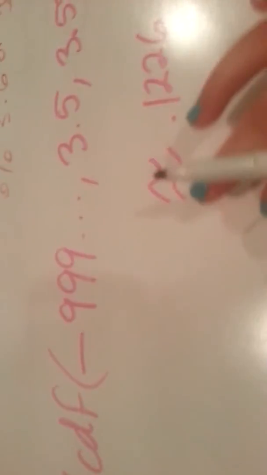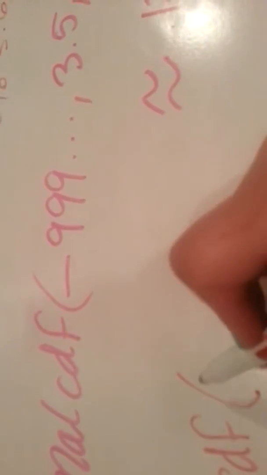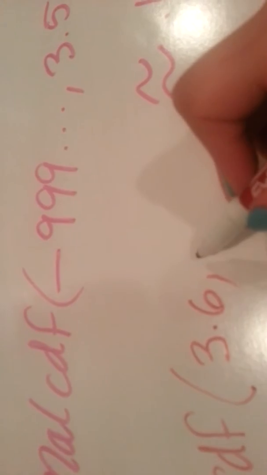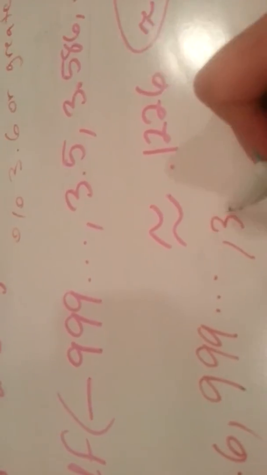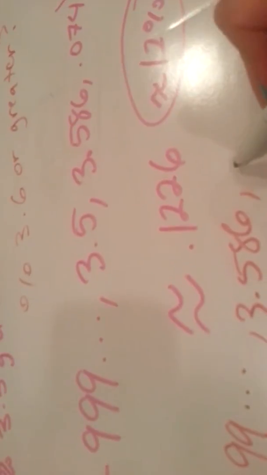And so instead of the -9, you would have normal CDF, the 3.6, comma, 999, etc., comma, 3.586, comma, 0.074, and then you'd get your answer.